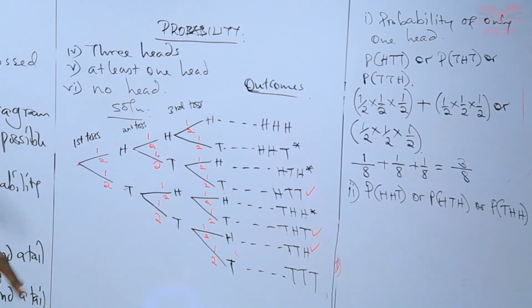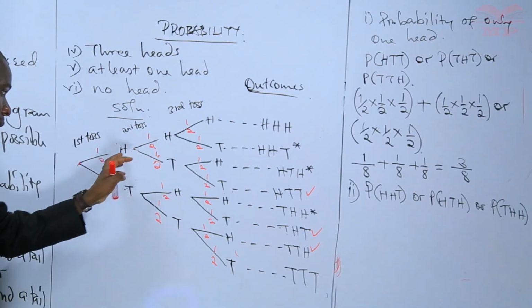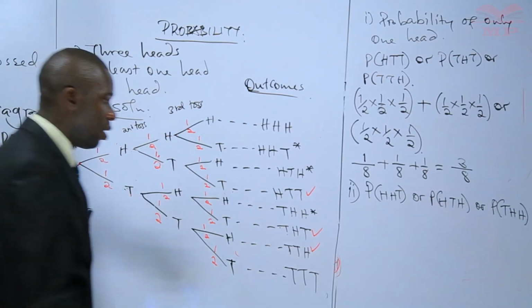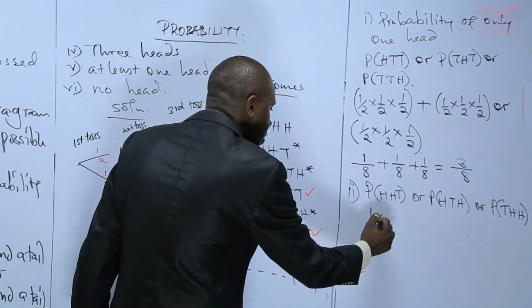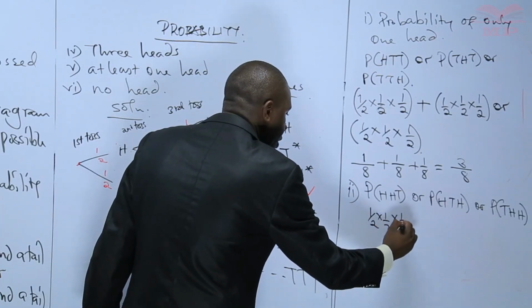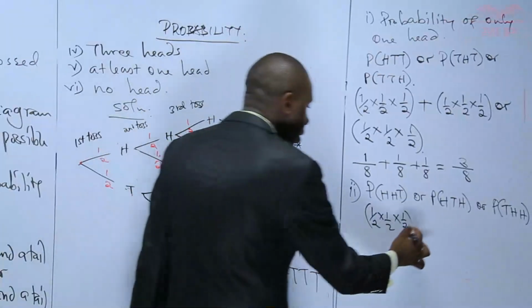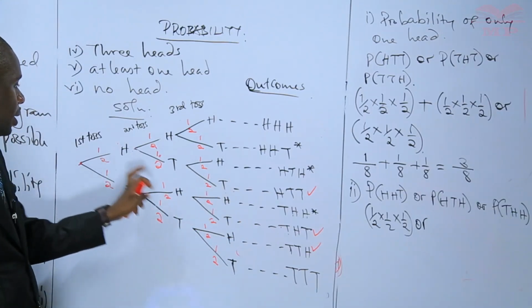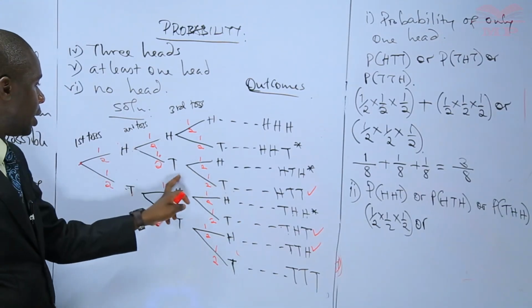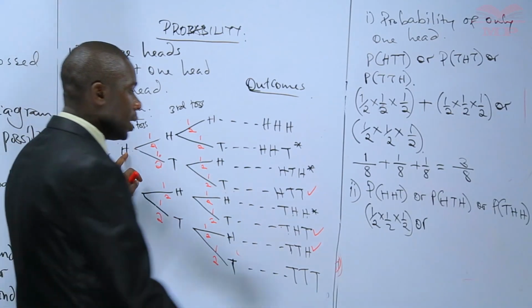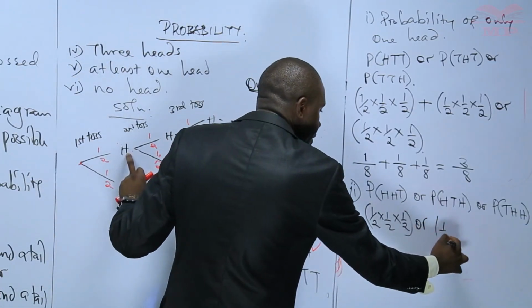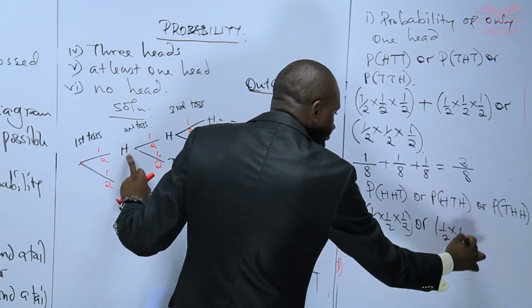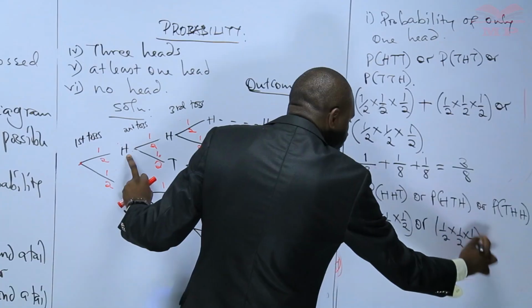So again, we can work on them. Head, head, tail, a half, a half, a half. So that will be a half times a half times a half. Or the probability of head, tail, head: to get head, there will be a half, tail a half again, another head a half.